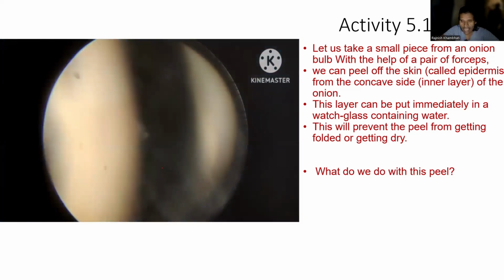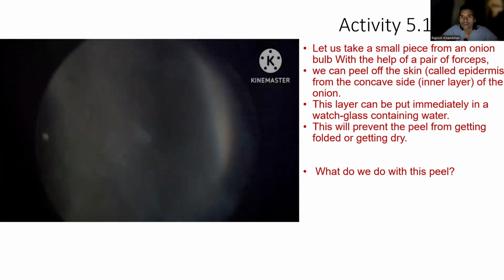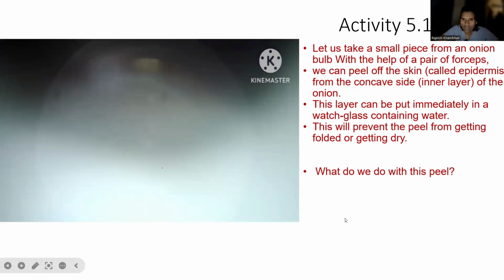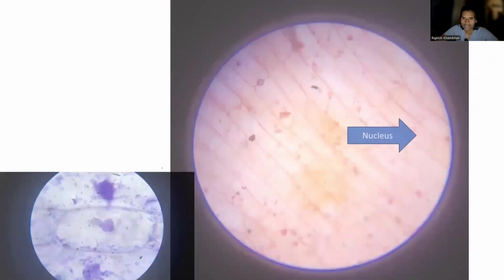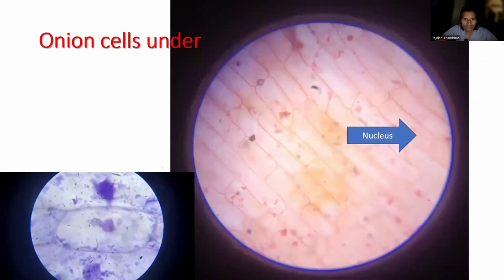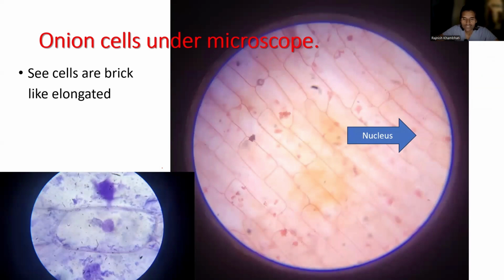Okay, so this is the activity. I hope that you have got this activity. If you can't understand, you can leave a comment in the video so that I know whether it is good for you or not.